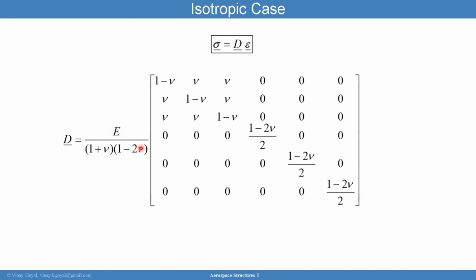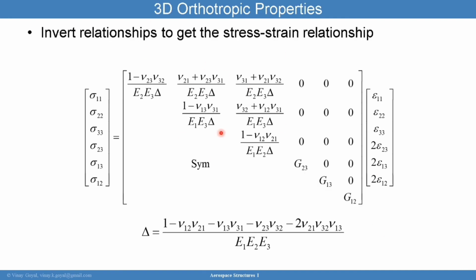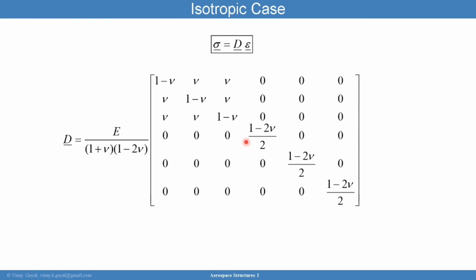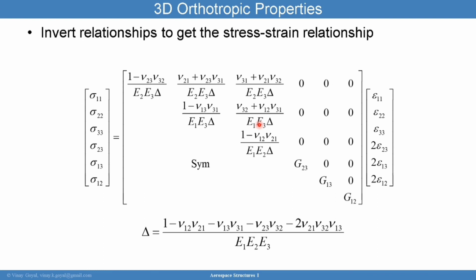Only E and nu need to be measured. And this relationship here will simplify to this for the isotropic case, by setting nu12, nu21, nu13, nu31, nu23, nu32 to nu, and by setting E11, E22, E33 to E.